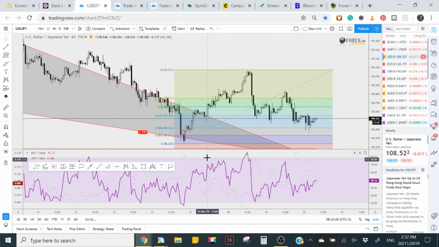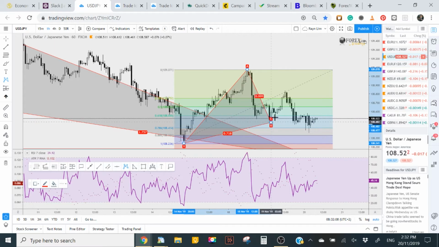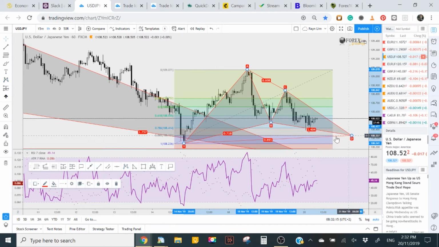So we have a Gartley over here. Sadly I can't do much confirmation here, to protect content and things like that. Over here we have a Gartley. I pretty much believe, from my experience, it's more like a deep Gartley than a normal Gartley.